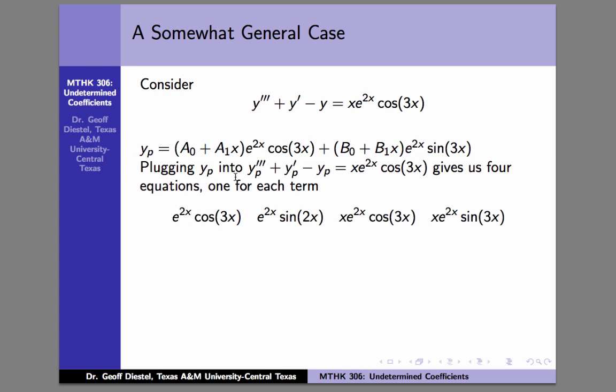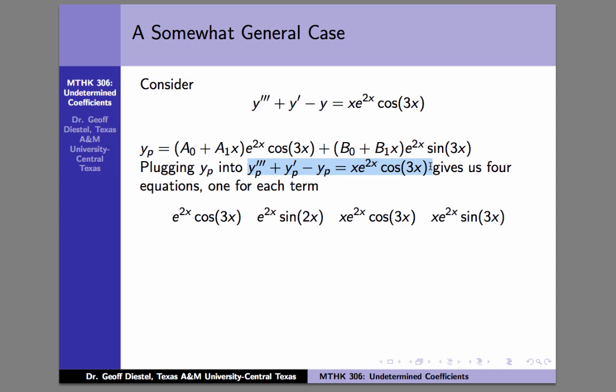So again, the point is you define this abstract function with these unknown constants, a0, a1, b0, and b1, and you go ahead and differentiate it 3 times, add to that the first derivative, and you plug it into this equation.